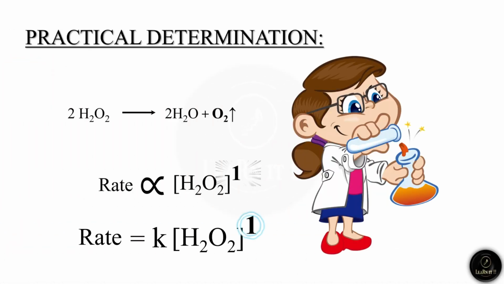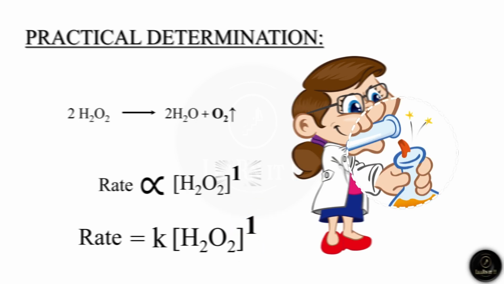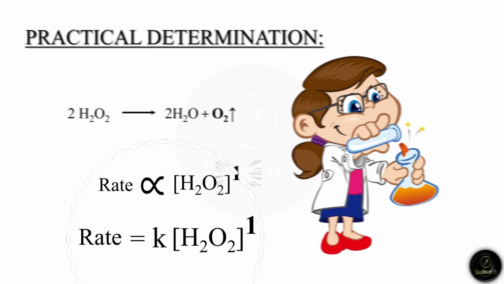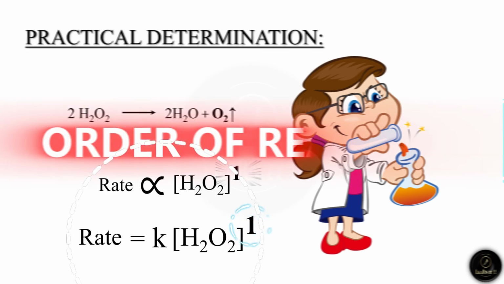This power of concentration terms in an experimentally or practically determined rate equation is called the order of reaction.